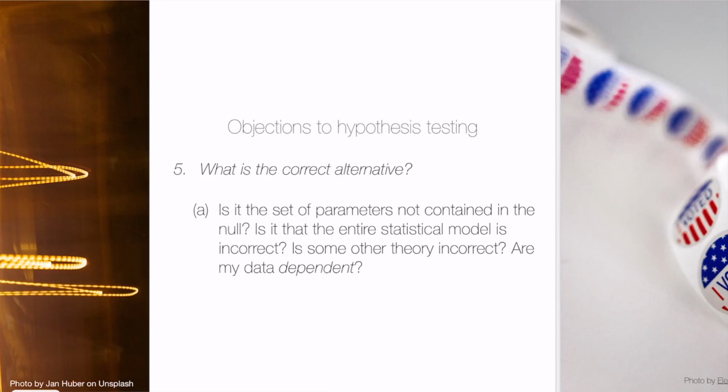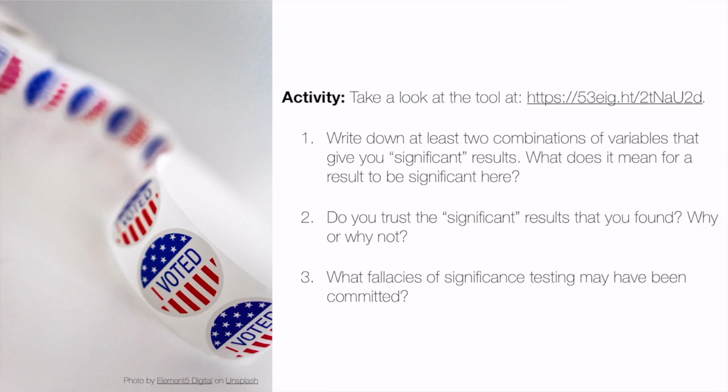There's an interesting activity that I'd like you to do before our next lesson, which is to go to this tool on the 538 blog and play around with it a little bit. This tool helps you understand what researcher degrees of freedom are in a specific example about politics.